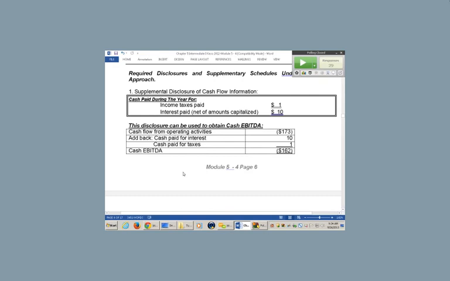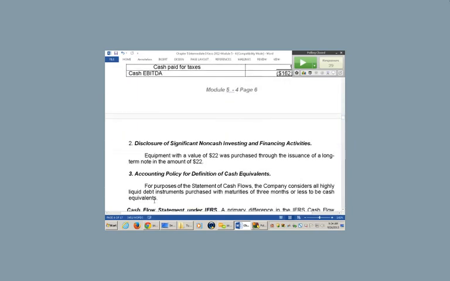Anyone else with a question on that first disclosure? Okay. Second disclosure is the same. And that is the disclosure of significant non-cash investing and financing activities.